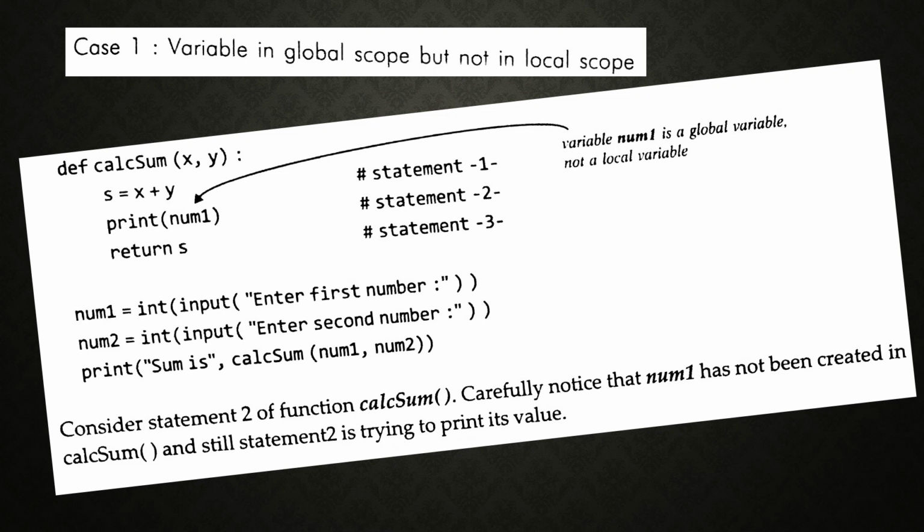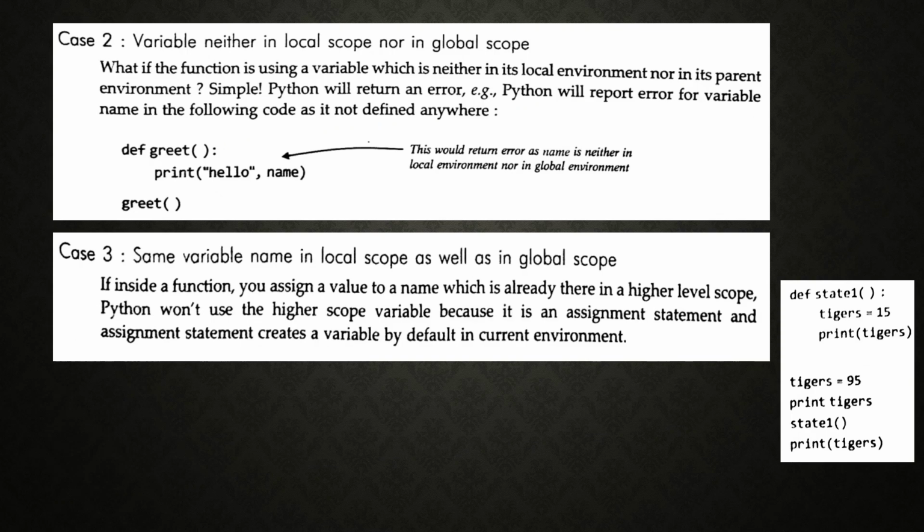So what happens in the next one? Second case, variable neither in local nor in global. What if the function is using a variable which is neither in its local environment nor in its parent environment? It is simple: Python will return an error.